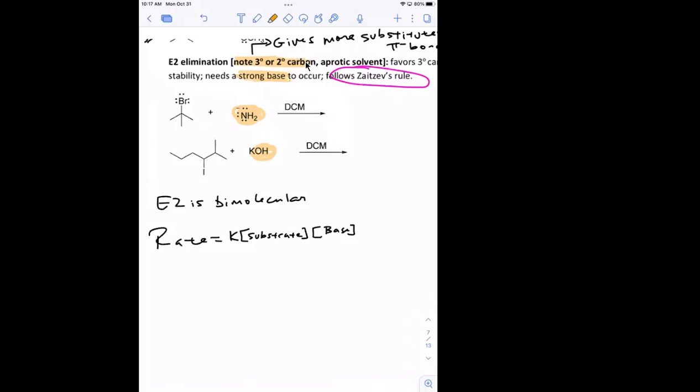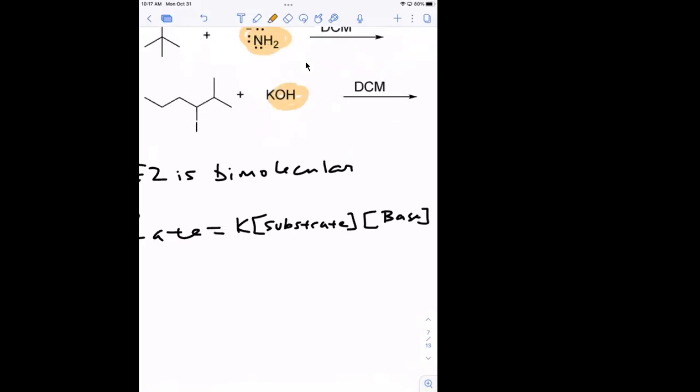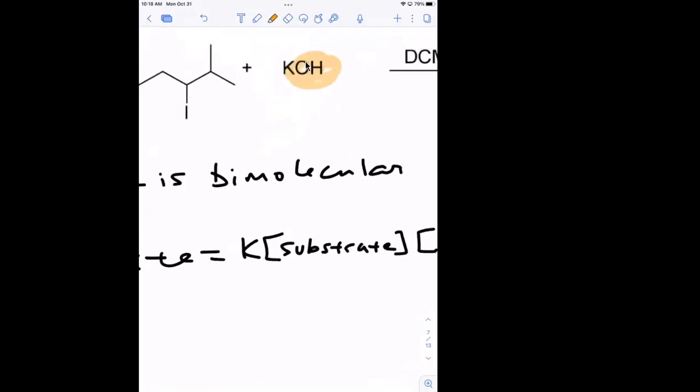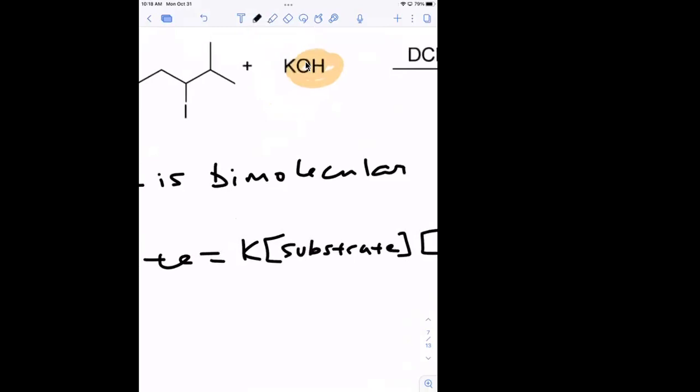All right, let's look at the substrate itself. We're going to look at the bottom reaction because that one is going to give us a little more information about competition, and then we'll be able to talk about Zaitsev's rule as well. Where's my leaving group? This is my base, written as K plus and OH minus.